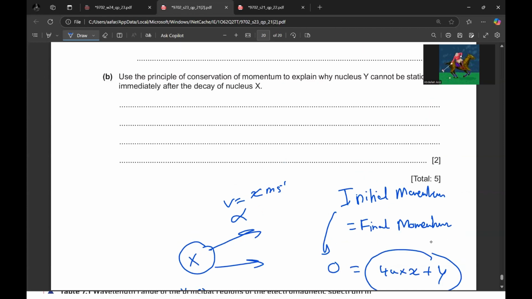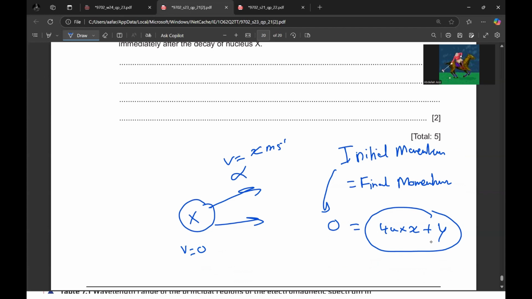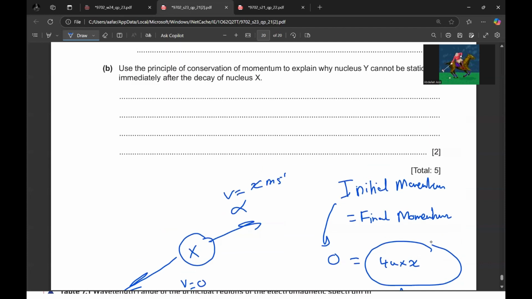If Y is stationary, that means the momentum of Y is its mass times 0. But 0 is not equal to 4u times a positive momentum. So Y has to have some negative velocity which counters this. So Y is emitted in this direction, and this momentum is countered by that momentum to make the equation balance, which means initial momentum is equal to final momentum.